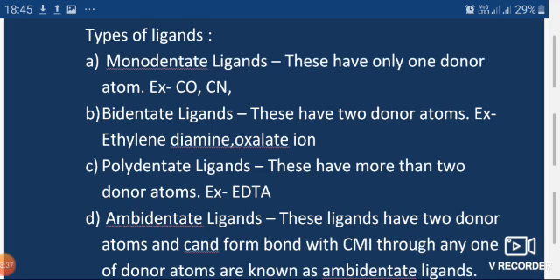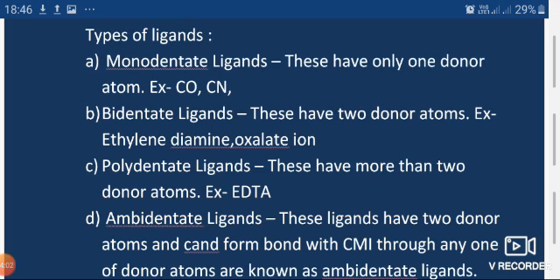The example is ethylene diamine. The next example is oxalate ion. Similarly, you can go for further examples in the reference books. Then the next is polydentate ligands.